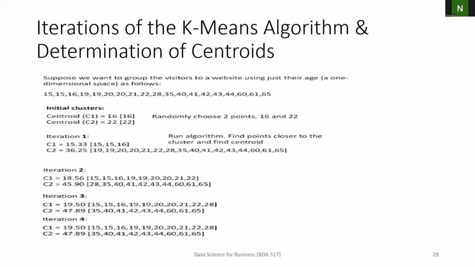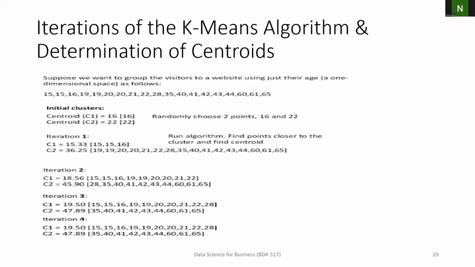First of all, for the initial clusters, the algorithm will just pick any ages at random. When it picks the ages at random, it will do the first iteration. In the first iteration, you have ages 15, 15, 16. The centroid for that is 15.33, which is the average: add them and divide by 3.